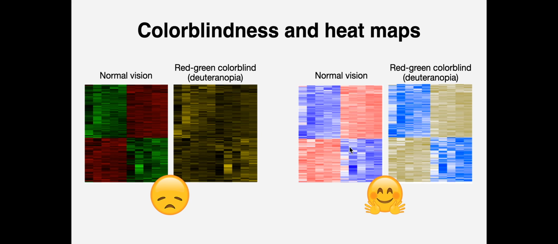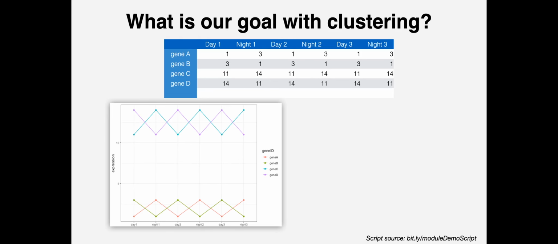So I tend to use red and blue colors, or blue and orange, whatever you prefer, because those will still be discernible modules, clusters, patterns to folks with red-green color blindness. So stay away from green-red. Have I ever used green-red heat maps in my papers? Absolutely. And I'm just trying to help you not make the same mistakes that I've made.